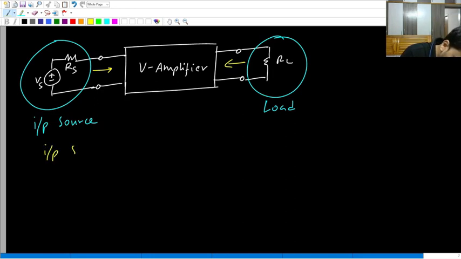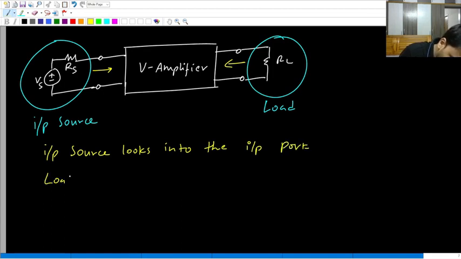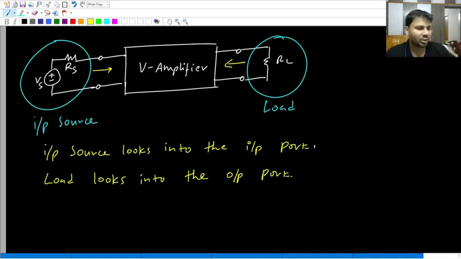So here, the input source looks into the input port, and the load looks into the output port. When the input source looks into the input port, whatever equivalent resistance the input source will see, that is the input resistance.